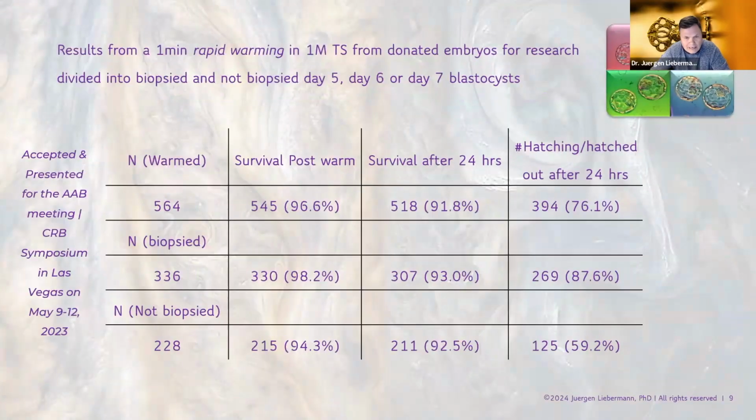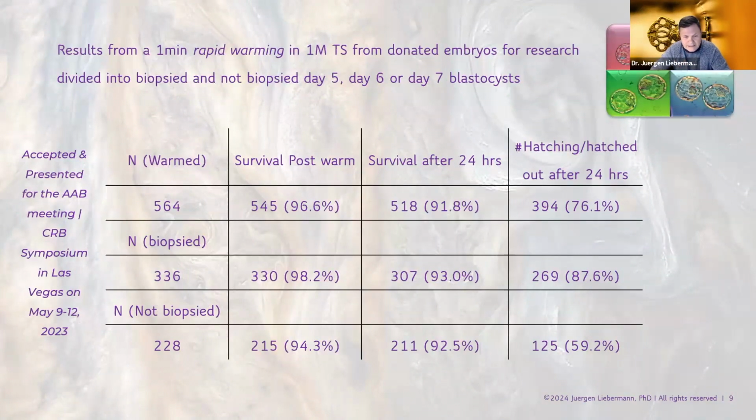And that's our in-house trial on blastocysts before we moved it into a clinical setting. We used embryos with a disposition for discarding signed by the patients for research. And we thawed 564 blastocysts. We split them into biopsied blastocysts and non-biopsied blastocysts.